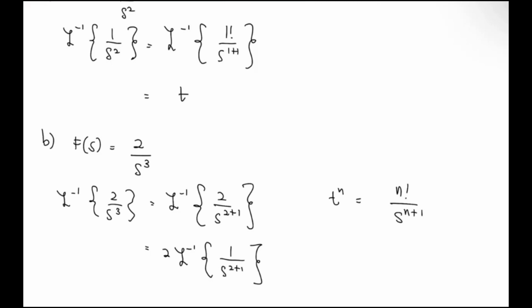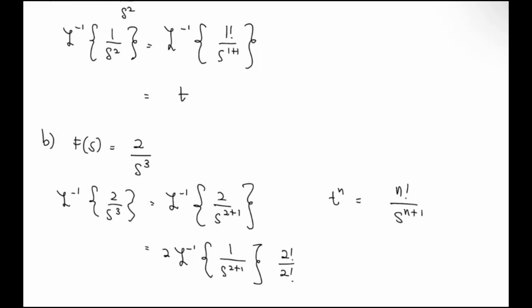And then here it's supposed to be 2 factorial in the numerator, because this is 1. So I need to multiply by 2 factorial and then divide by also 2 factorial.